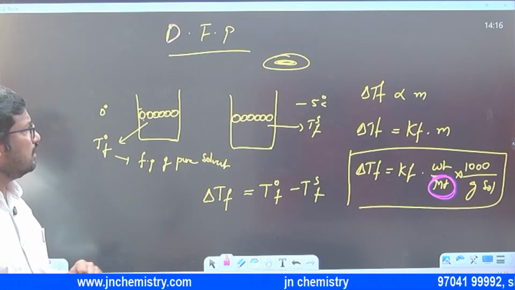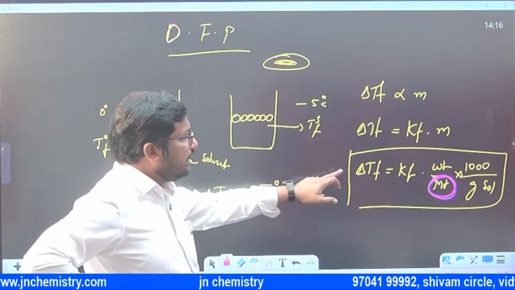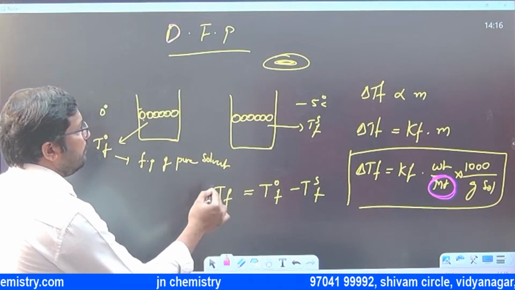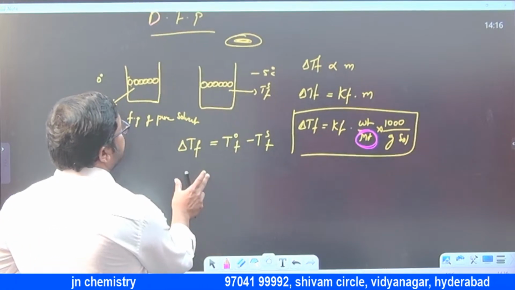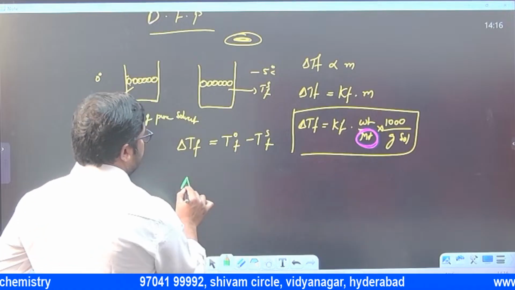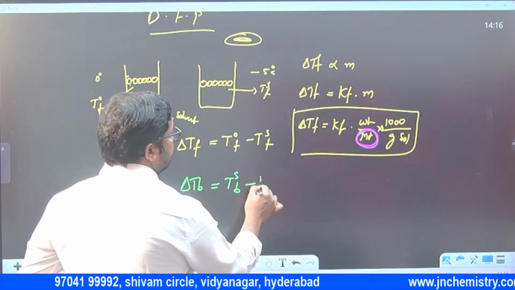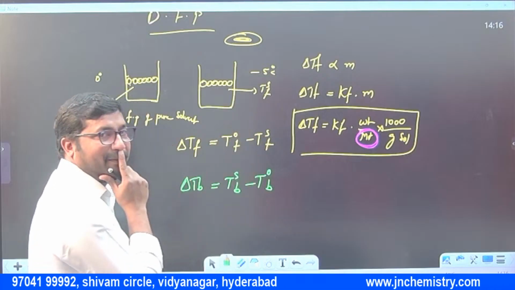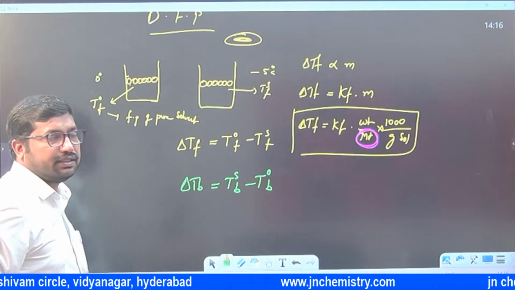Then this is about depression in the freezing point, same delta TF. And one more important thing, what is delta TB and delta TF now? Delta TB is equal to what? TSB minus T naught B. But here it is T naught F minus TSF, this is a difference you need to understand.